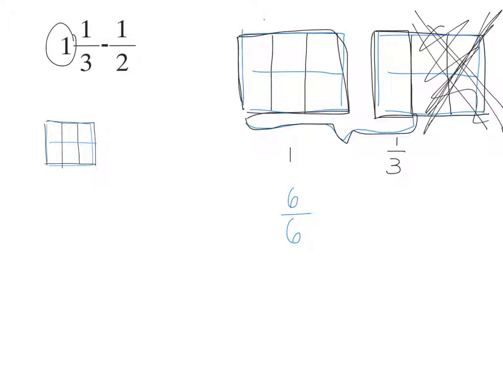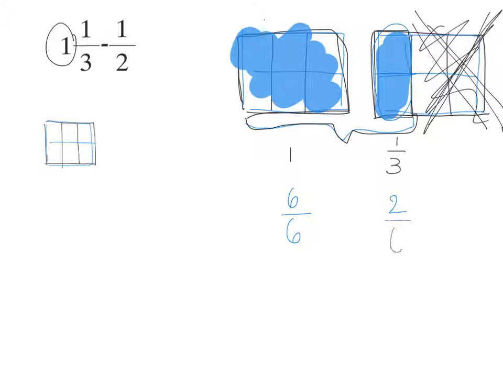Because if I imagine my 1 and 1/3 is this much, how many sixths are there in the 1/3 part? Right here. How many sixths are there? 2 sixths. Good. So is 1 and 1/3 the same thing as 8 sixths? Do you guys see that?